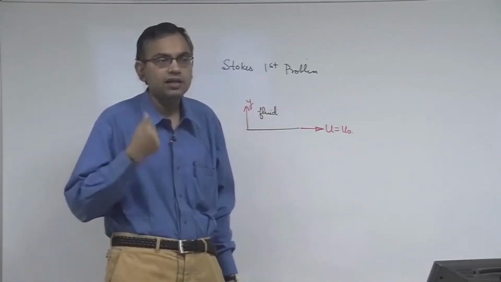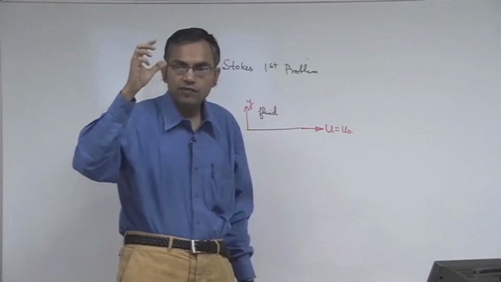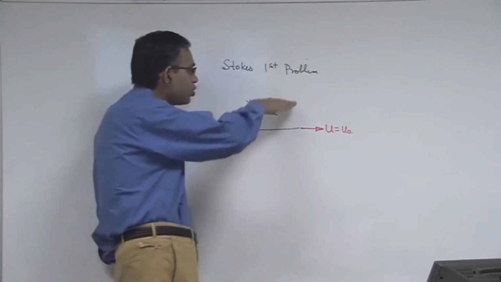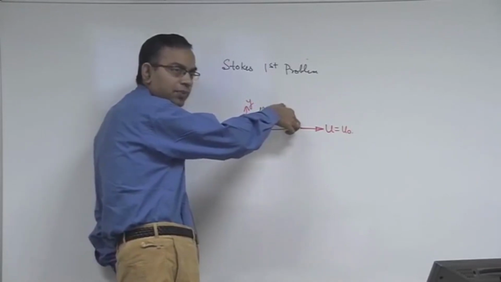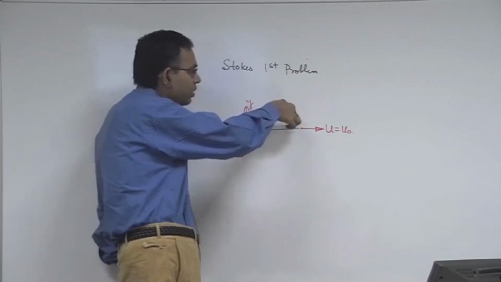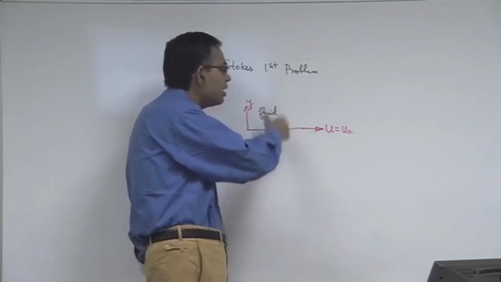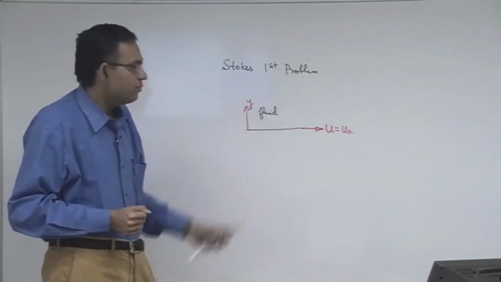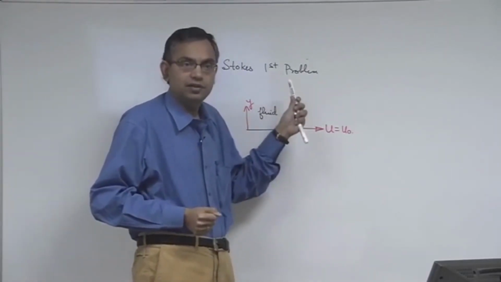One possible effect is the effect of confinement, that is if you put a plate on the top of this plate with a small gap between the two plates, then it becomes a confinement. So, the question is how does the confinement affect the flow? To understand that, we will first solve this problem considering that there is no confinement.